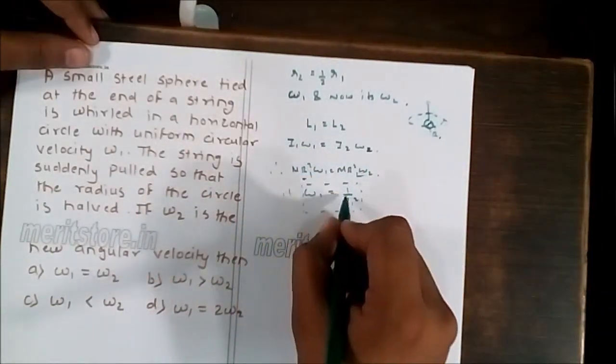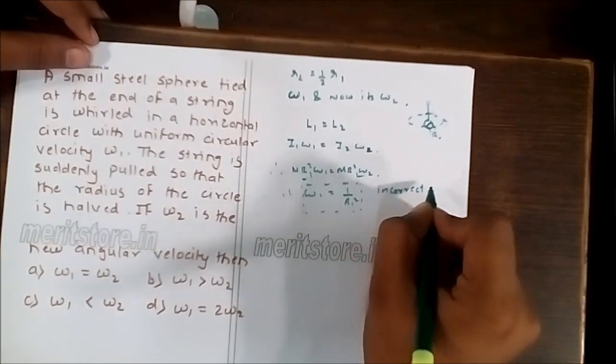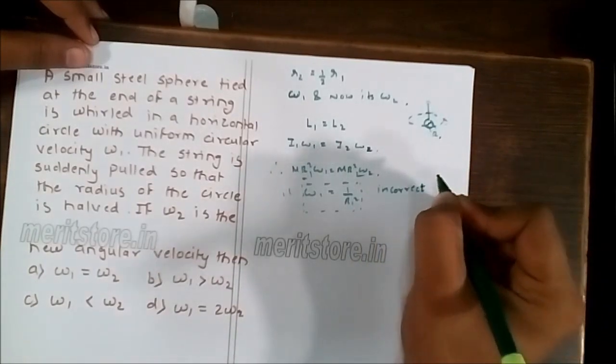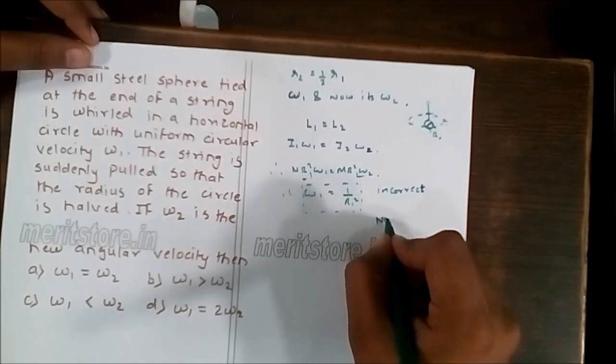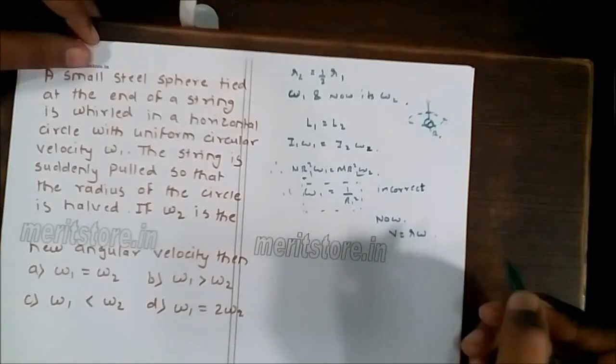So this relation becomes incorrect. So you don't need to use the law of conservation of angular momentum in this case, as it is followed by some books. Now the correct method is, we all know v is equal to r omega.